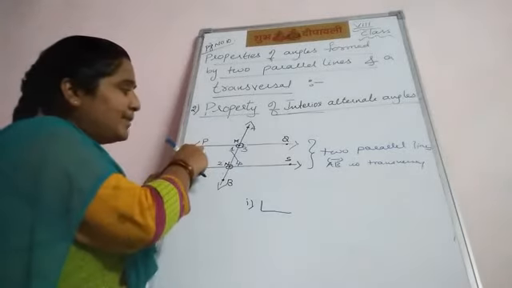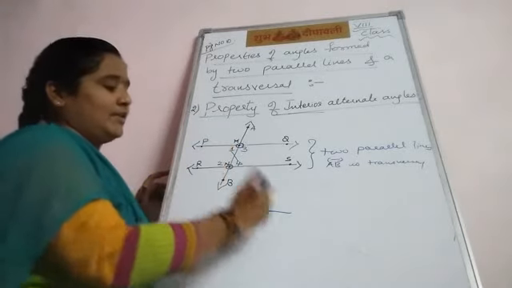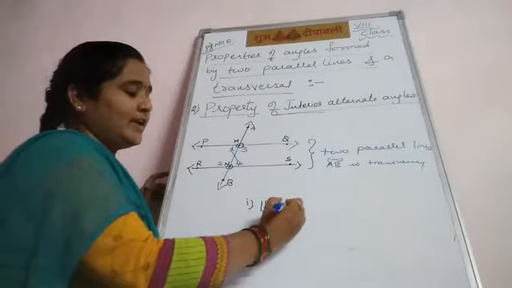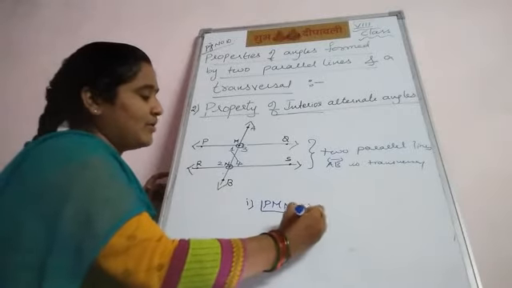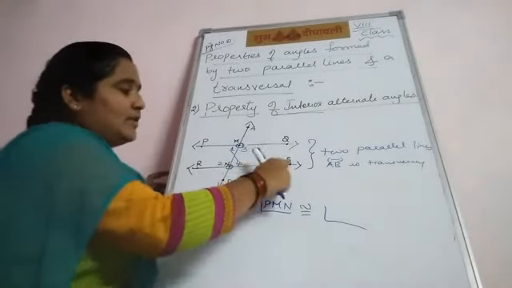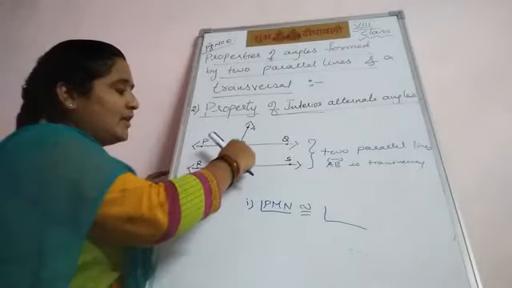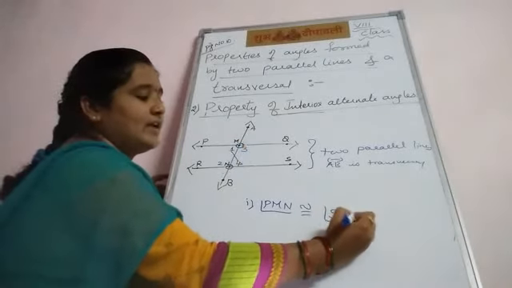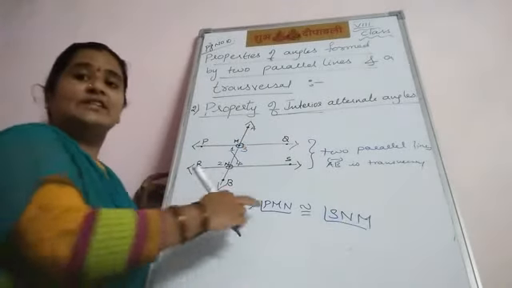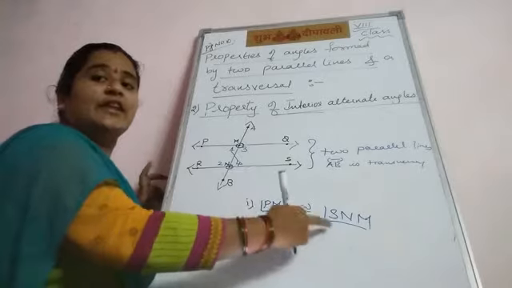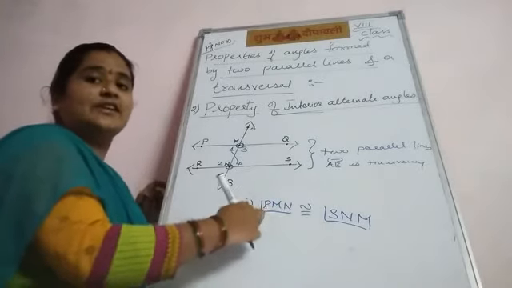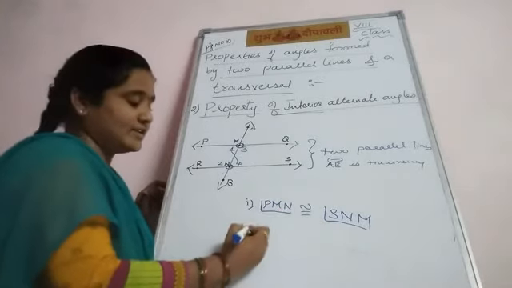First one, angle PMN is congruent to angle SNM. These are the opposite interior angles, otherwise interior alternate angles.